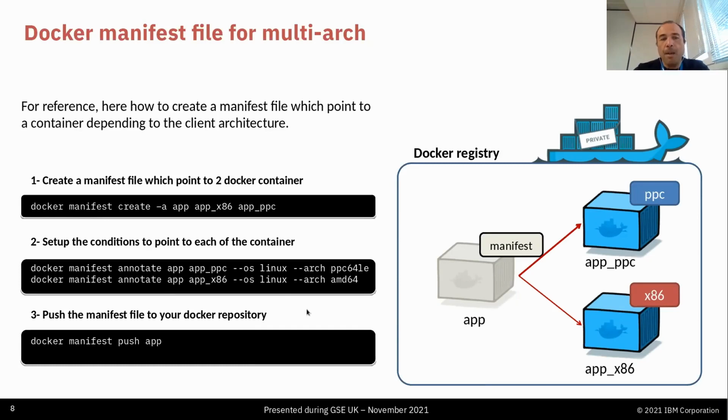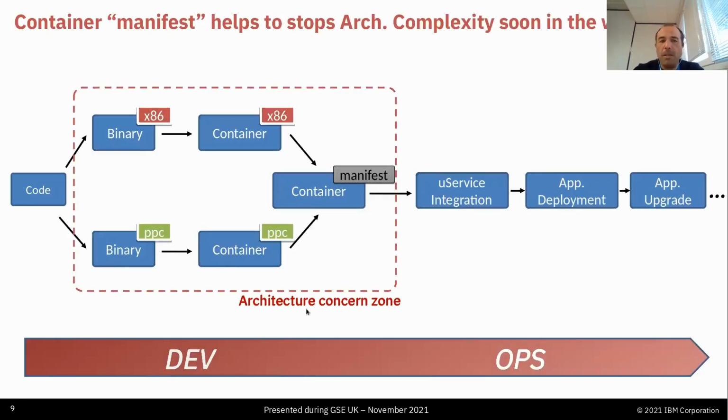Okay. So one word here on this challenge with multi-architecture images: there is an architecture concern zone in the DevOps cycle. And the interesting thing is that the code part is not really in the architecture concern zone in some way. That really depends, of course, on the type of application that you are going to run.